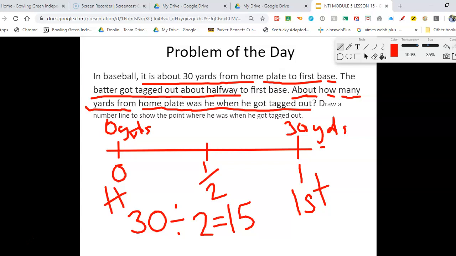I want you to write a complete sentence on your paper telling me that he was about halfway when it was about 15 yards from home plate when he got tagged out. Excellent job. And if you need to stop and pause for a minute, pause and finish up and write your complete sentence.